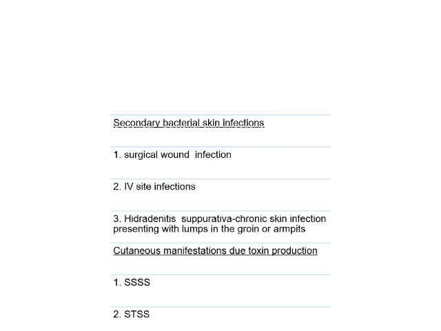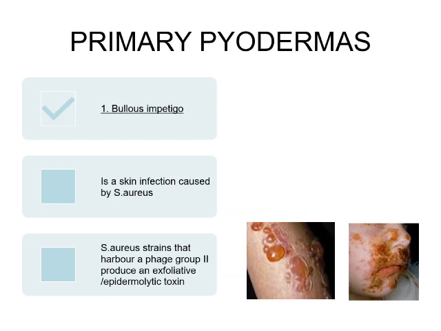Staphylococci also cause skin manifestations secondary to toxin production. And the toxins responsible are the staphylococcal scalded skin syndrome toxin, as well as the staphylococcal toxic shock syndrome toxin. Let's now look at the primary pyodermas that are caused by staphylococci.